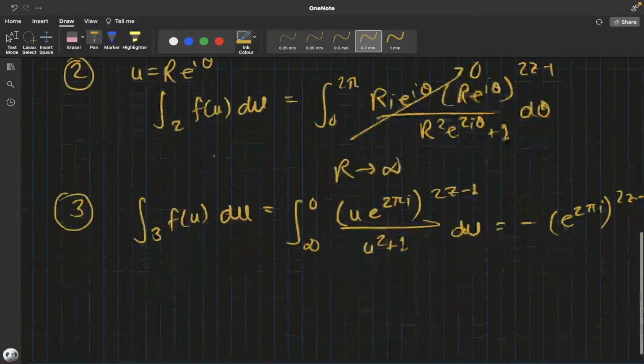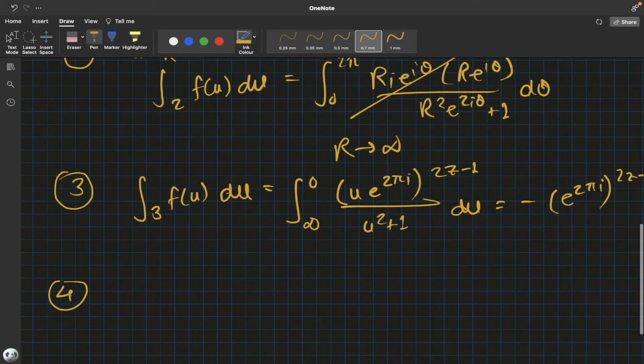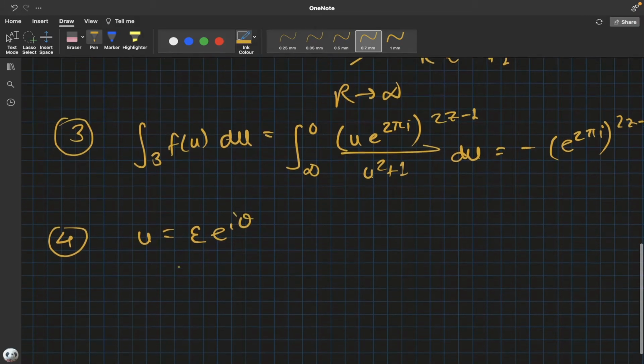There's part 4 that remains, the small epsilon circle. So u is epsilon e to the i theta, that's the parameterization we use.